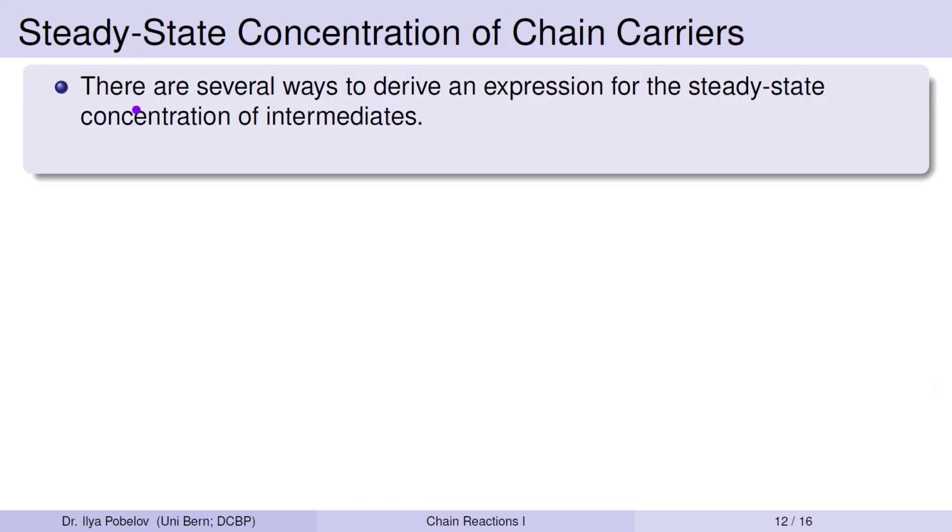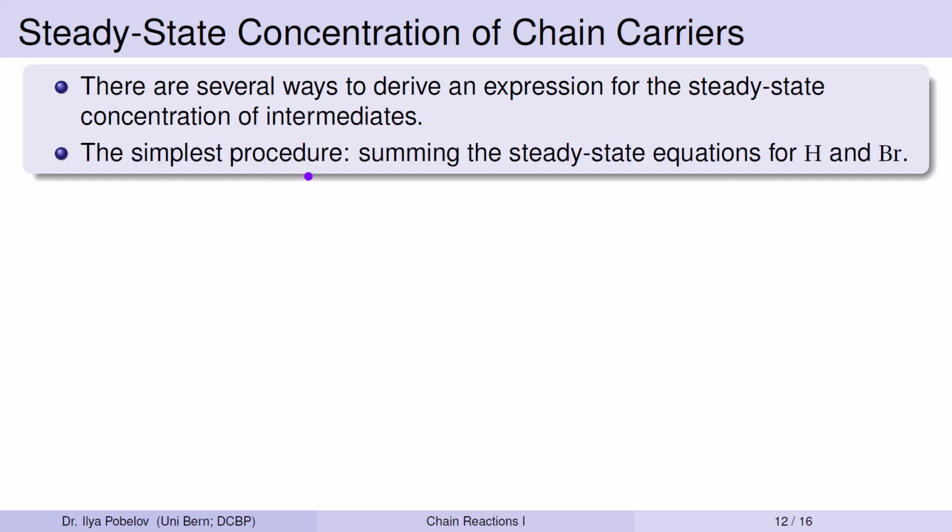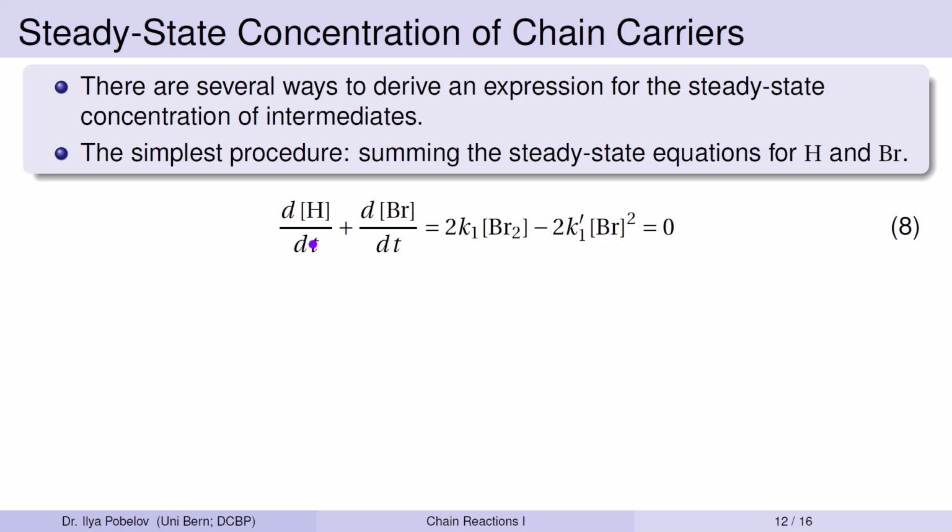There are several ways to derive an expression for the steady-state concentration of intermediates, but the simplest procedure starts by summing the steady-state equations for the hydrogen and bromine radicals. The resulting equation simplifies significantly compared to the original expressions. 2 times K1 times the concentration of bromine molecules minus 2 times K1 prime times the square of the concentration of bromine radicals equals 0.